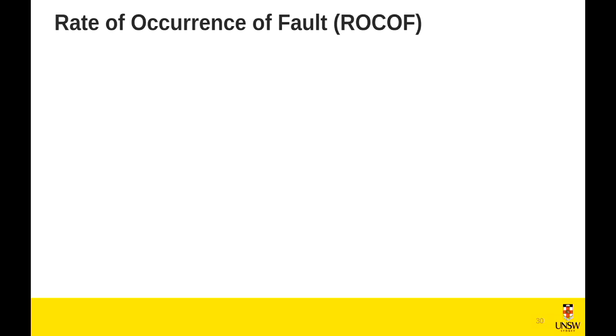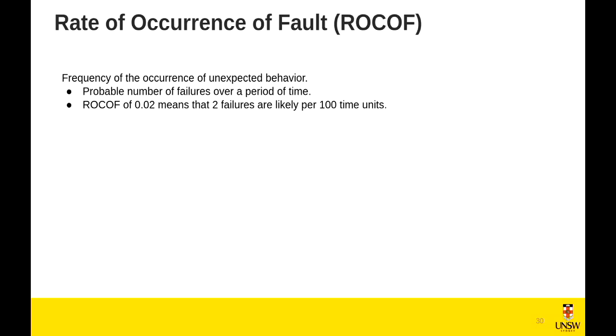So that is the second metric. And the third metric is rate of occurrence of faults, ROCOF. This is the frequency of the occurrences of bugs or unexpected behaviors. So it is related to time or frequency.